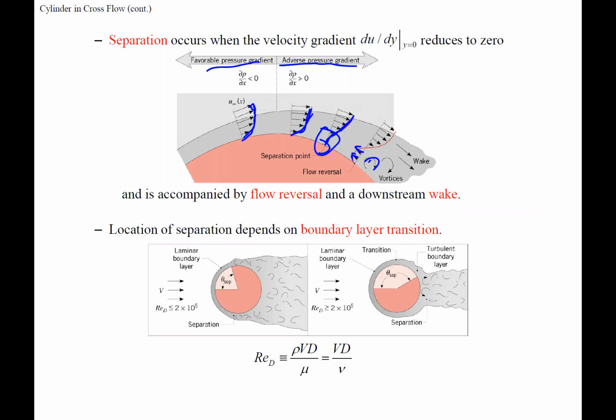Right? So the location of that separation depends upon your boundary layer transition. So on the left, we're seeing a laminar. Okay, in that case, the velocities are lower, so it's a lower Reynolds number. So we get a point of our separation is here. And that's because the velocities are lower and the momentum of that fluid can't overcome that pressure change.